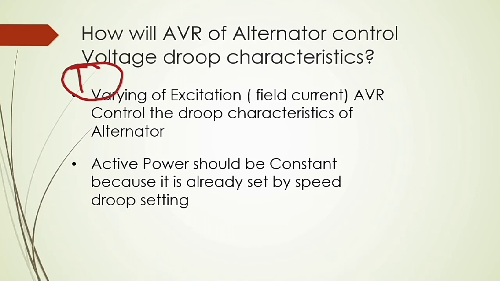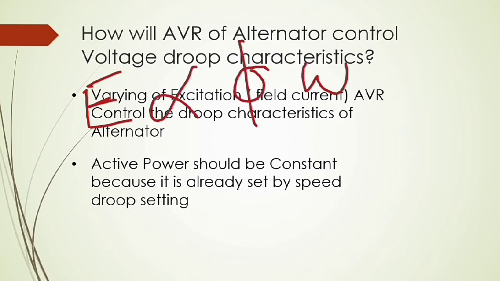So there are two targets, or final conclusions: first, we have to control the terminal voltage, and second, we have to control the reactive power sharing. How is it so? We know E is directly proportional to phi into omega, where omega is the rotational speed, phi is the flux, and phi is directly proportional to IF.